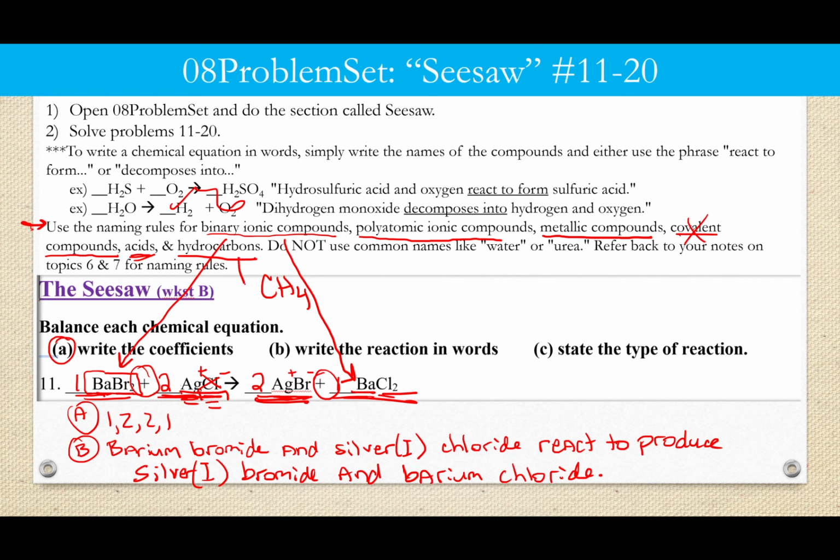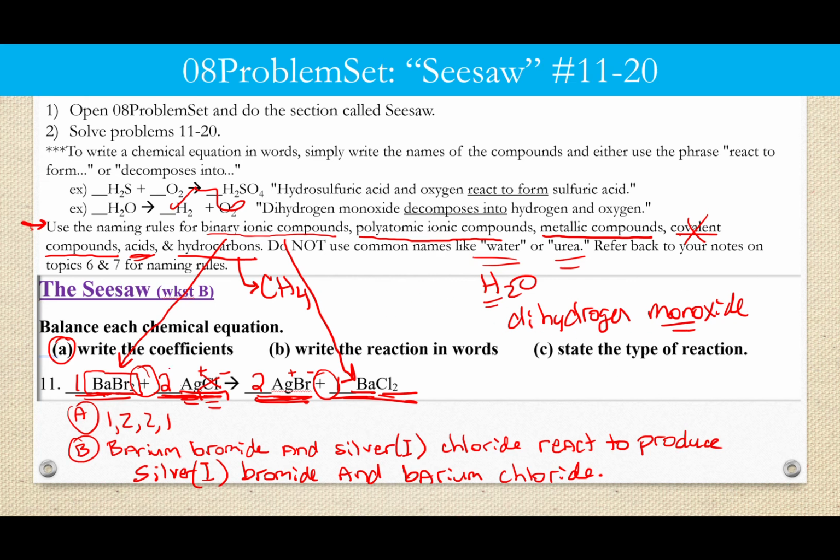You're going to actually use the hydrocarbon name methane. And also don't use the common names like water or urea. Just because it has H doesn't mean that's an acid. We know this is water, and you would call this dihydrogen monoxide. You only use mono for the second compound, not in the first one if you have one element.